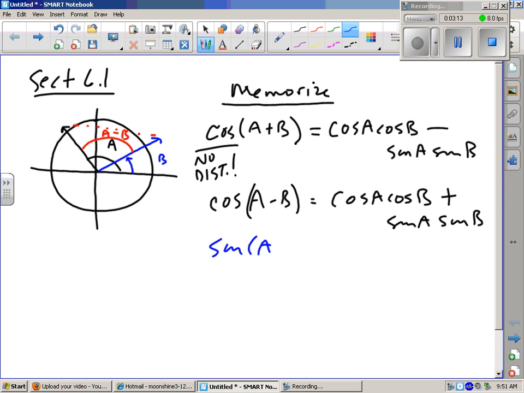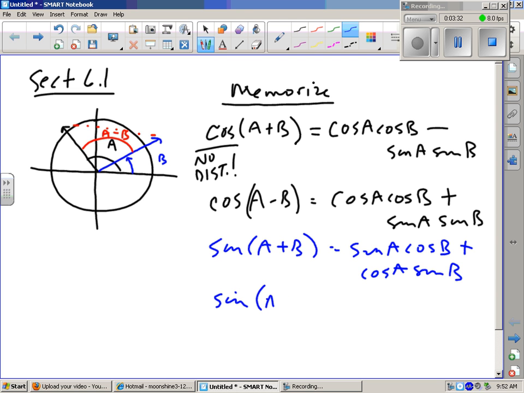Sine of A plus B we'll start with, and that is sine A cosine B plus cosine A sine B. It's a little different. You have sine and cosine together rather than sine and sine together. And the next one, sine of A minus B, is sine A cosine B minus cosine A sine B.